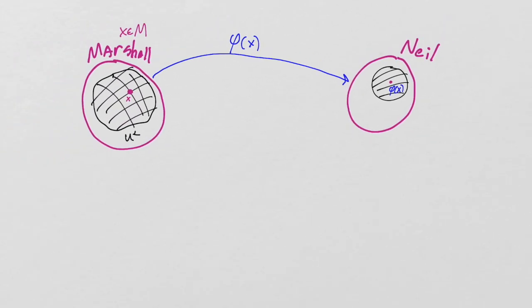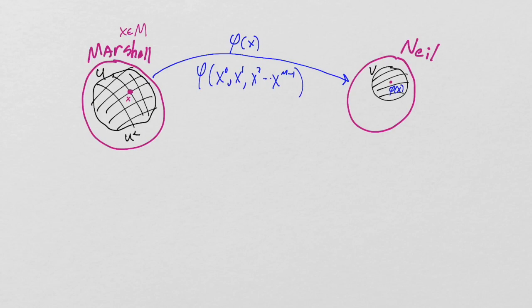Now if we actually are interested in these charts, we say that x has a coordinate value in the chart u. We're going to name this chart u, and we're going to name this chart v. And so x has a coordinate value in u, and now I can think of phi in terms of coordinates. I can say phi is a function of x0, x1, x2, all the way up to x sub m minus 1, where little m is the dimensionality of Marshall.